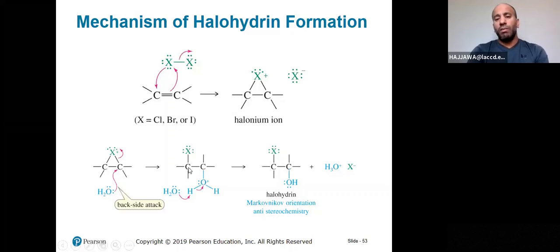Once that gives me the protonated halohydrin, another water molecule will come and pick up that hydrogen to give you the neutral halohydrin. It's a Markovnikov addition because you're adding the OH to the more substituted carbon, the more electropositive carbon.